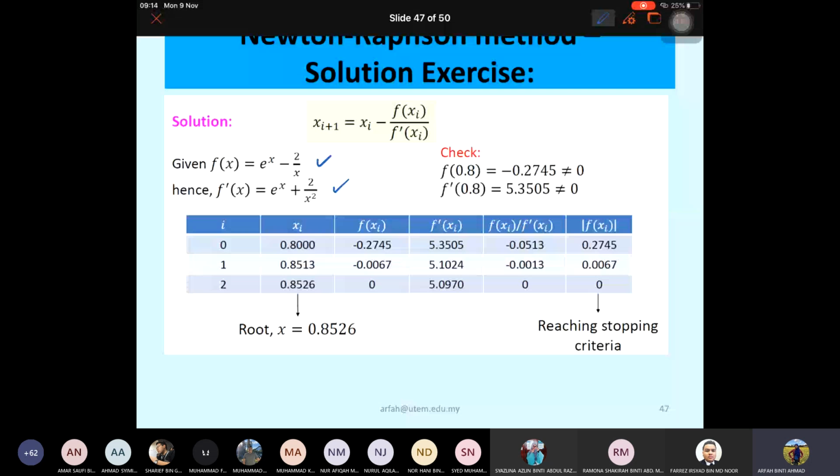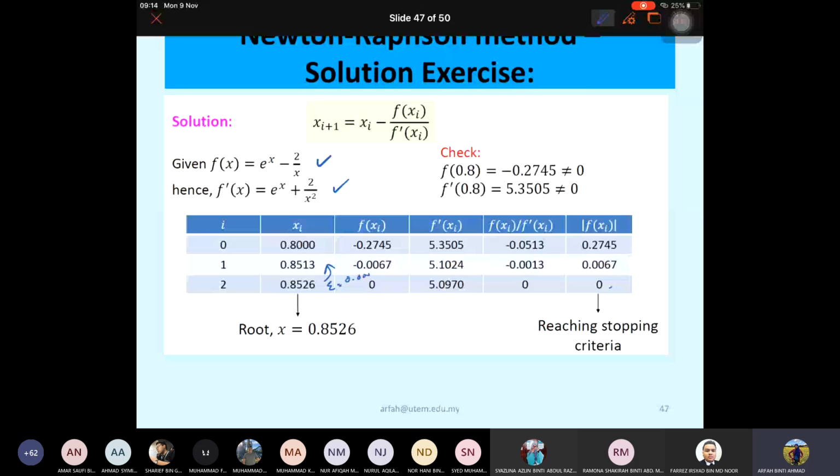Terus dapat sampai 3 calculation dia punya error dah sama dengan 0. Okay. Reaching stopping criteria. So kita stop. Sebab kalau awak kira dia punya error, yang ini akan sama dengan this one tolak this one dah 0.00 something dia punya error. Okay. Cuma yang ini saya tunjukkan lain dah satu persatu.